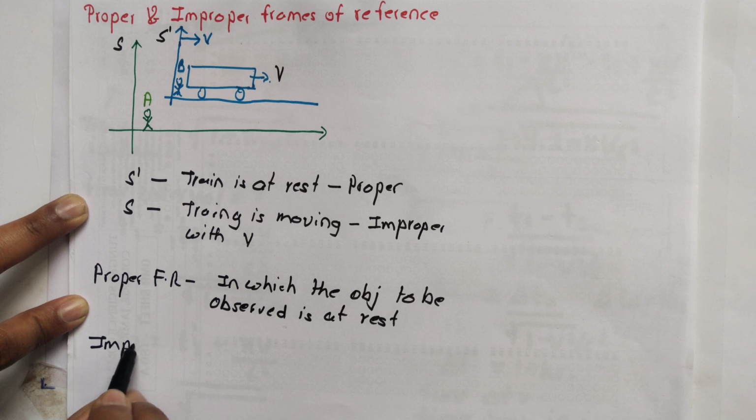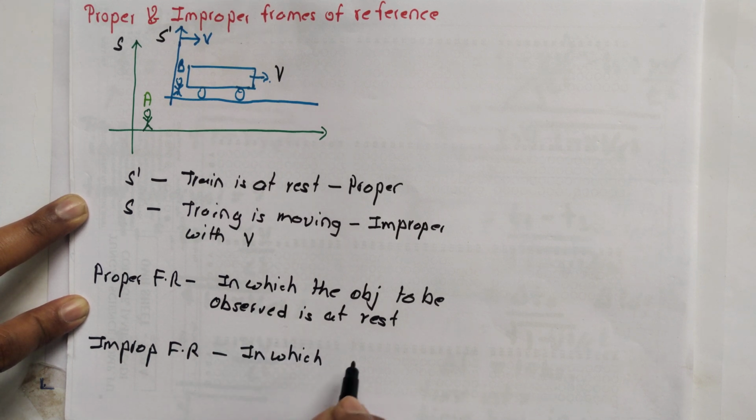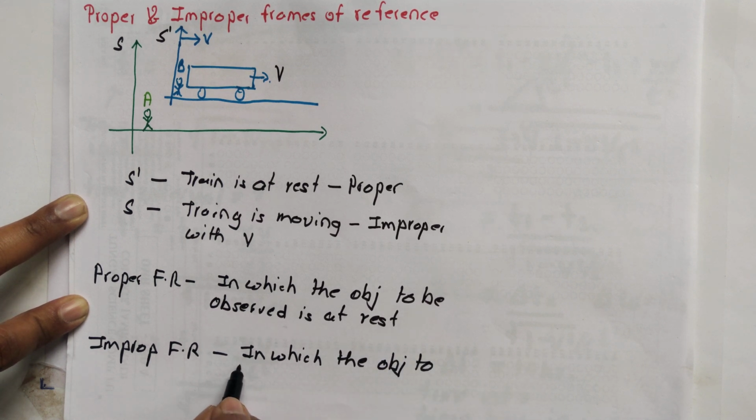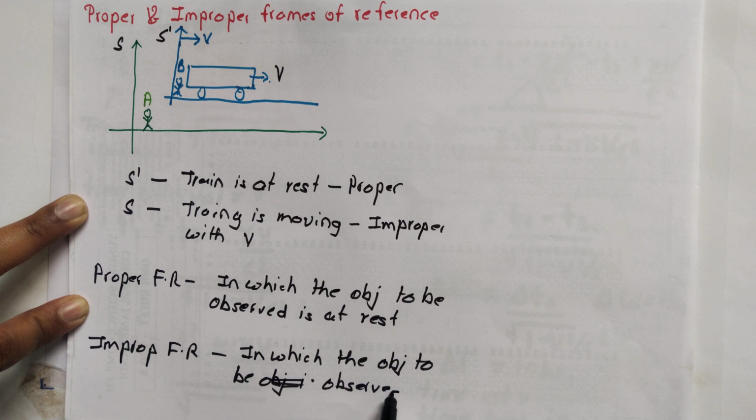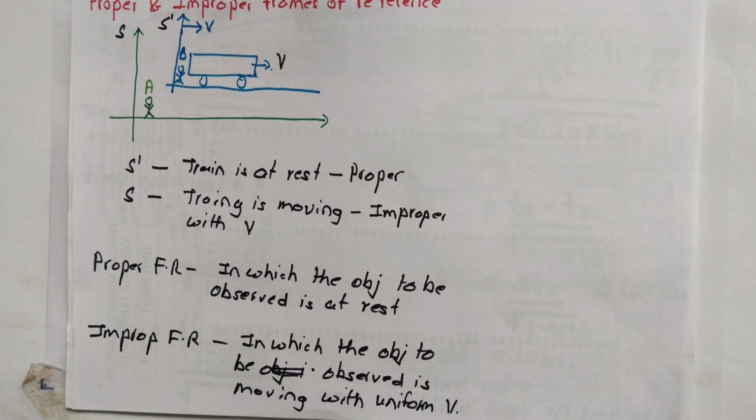Whereas an improper frame of reference is that frame in which the object to be observed is moving with uniform velocity. So this is what a proper frame of reference and an improper frame of reference are.